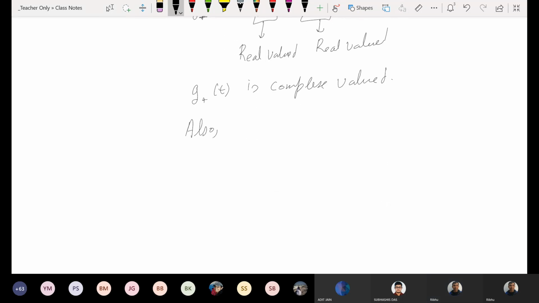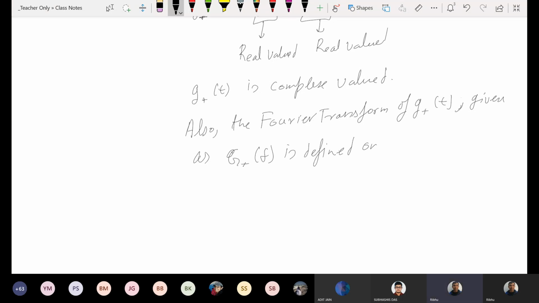Also, the Fourier transform of g plus of t is defined as given. This is okay.